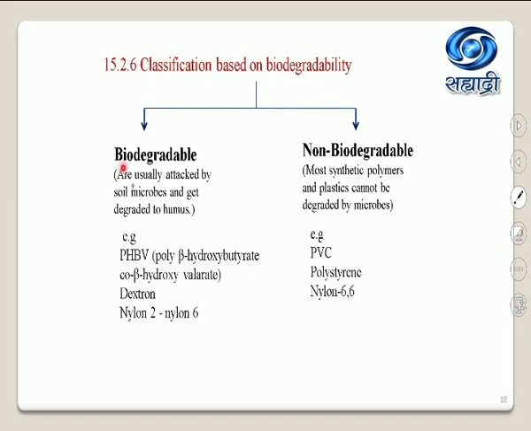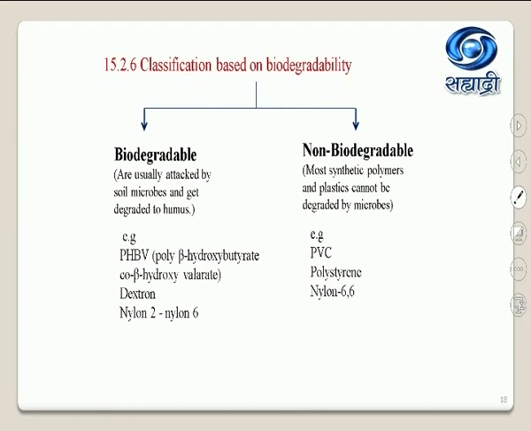So what is biodegradable polymer? These polymers are usually attacked by soil microbes and get degraded to humus. That means these polymers are decomposed by the microorganisms present in the soil. The best examples are PHBV.